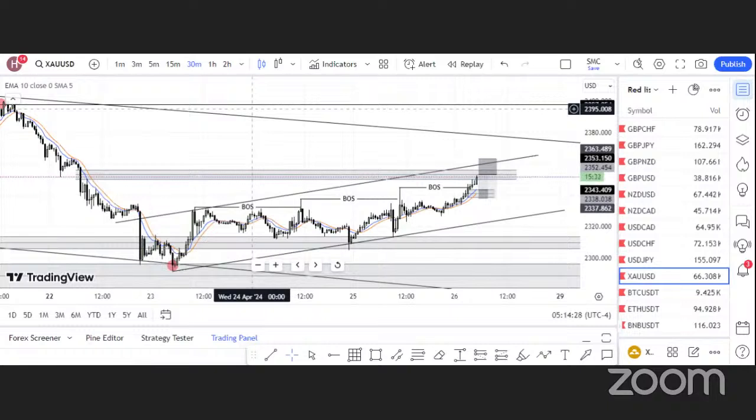So we are waiting patiently for the market to decline from the fair value gap. And once that happens, we are going to open a sell position. We are going to open the sell position from this point.